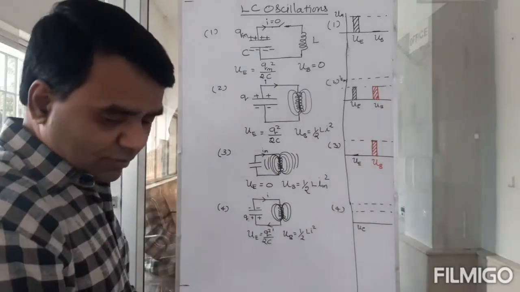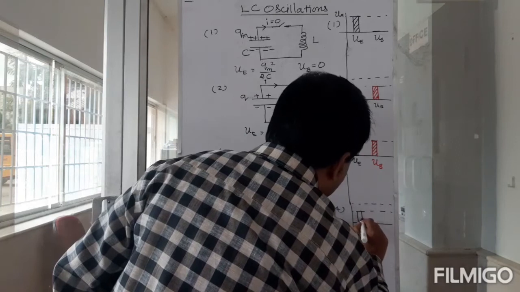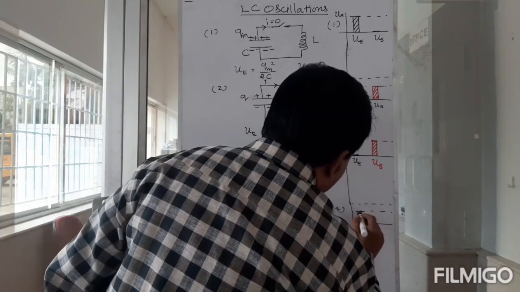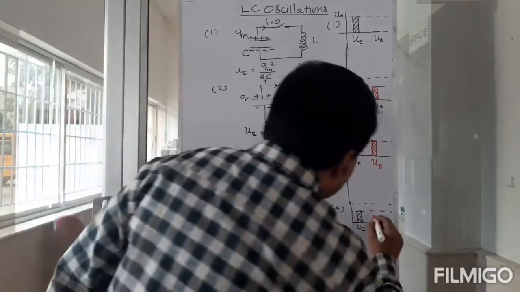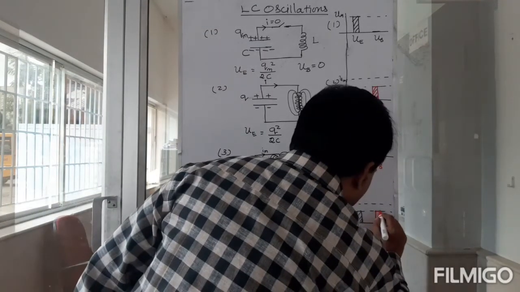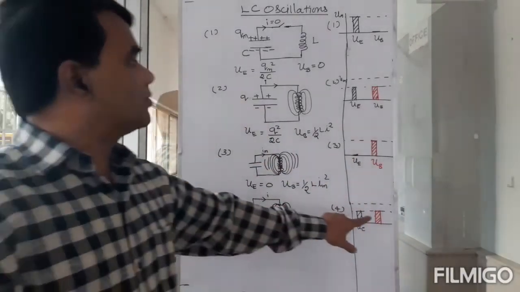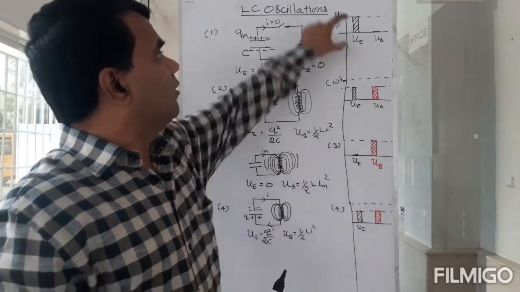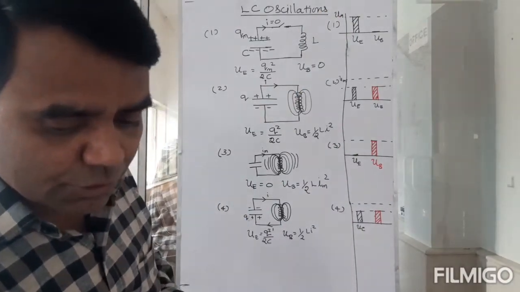Now in this condition, I have half the energy in the electric field and half the energy in the magnetic field. So the sum of these two will be equal to this or that. Okay. So the law of conservation of energy should hold good.